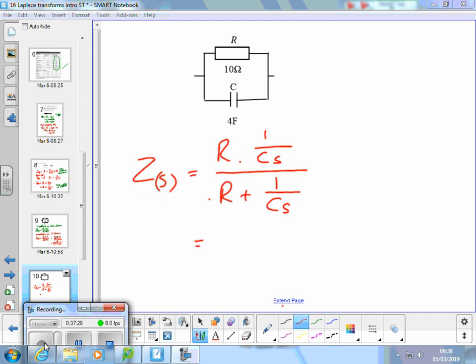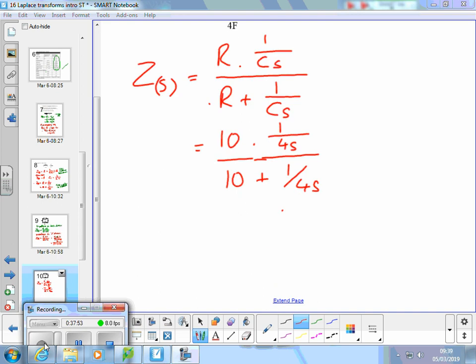Then we can put our numbers in: 10 times 1 over 4s, divided by 10 plus 1 over 4s.